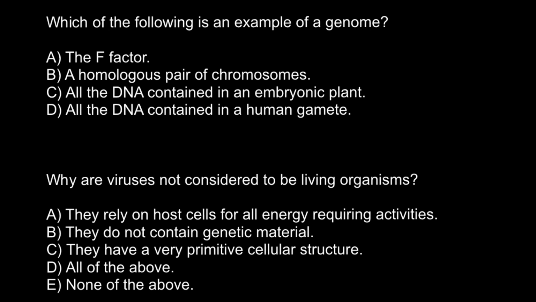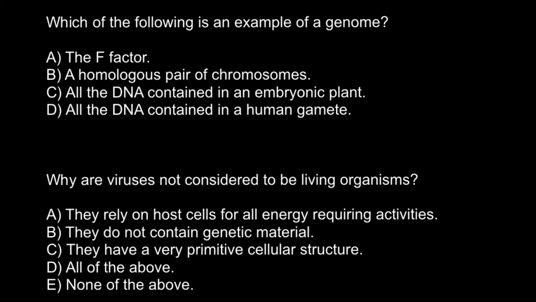Answer A, the F factor. Basically, an F factor is a small circular DNA that we can find in bacteria. We call it an F factor because F stands for fertility, or we can also call it a sex factor. If you have a very good imagination, you can imagine that two bacteria exchange this F factor during conjugation.